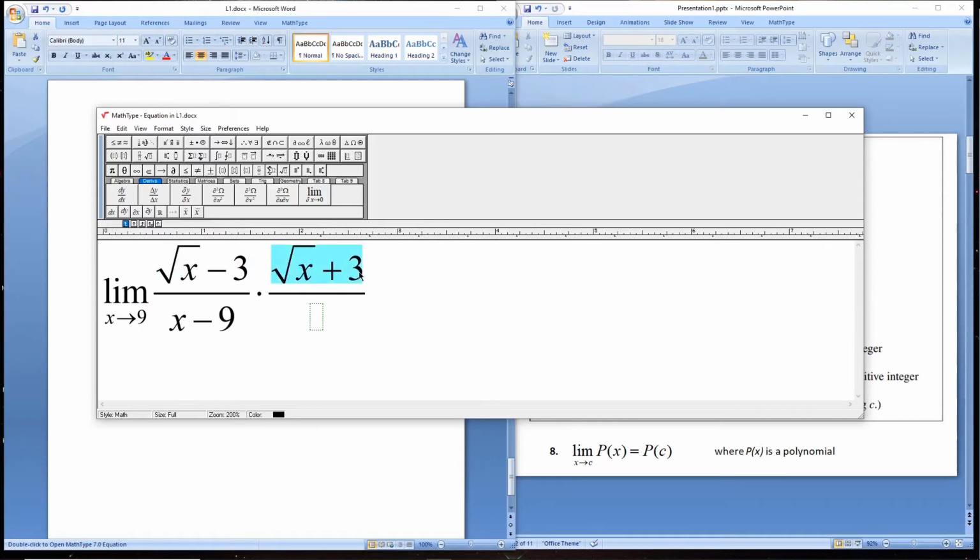Now, we have to multiply by 1 so that we don't change the value of the function here, which means then we have to do the conjugate over the conjugate so that this whole thing equals 1, because anything divided by itself is 1. And so this doesn't change the value of the function then.